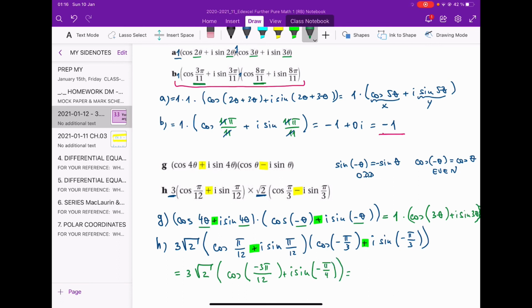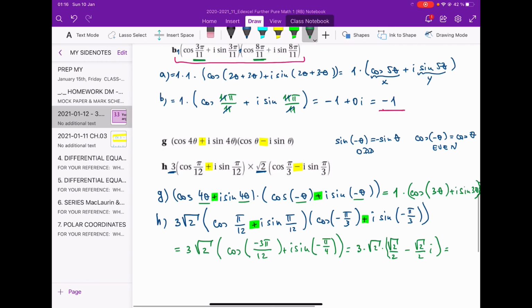Okay, and when you simplify it, it's 3 root of 2 times, this is pi over 4, cosine is positive in the fourth quadrant, so root of 2 over 2, but sine is negative there, minus root of 2 over 2 i. And again, when you simplify this, then it would be 3 minus 3i, if I'm not mistaken. 3 minus 3i, this should be fine.